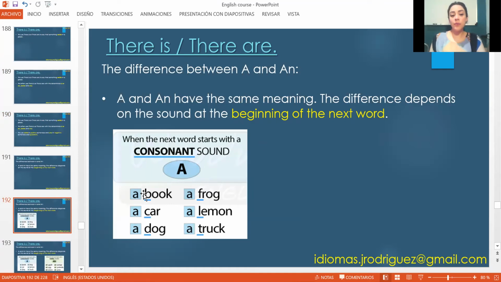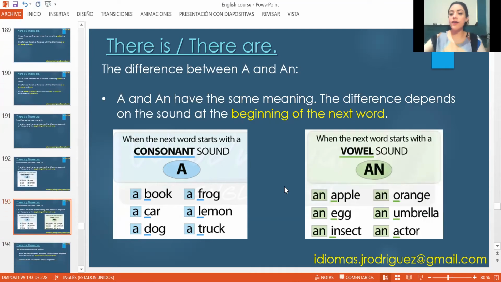Cuando nuestra siguiente palabra, nuestro sustantivo, empieza con un sonido de consonante, we use a. Like a book, a car, a dog, a frog, a lemon, a truck. But what happens then? If I have a vowel sound, I will say an apple, an egg, an insect, an orange, an umbrella, or an actor.